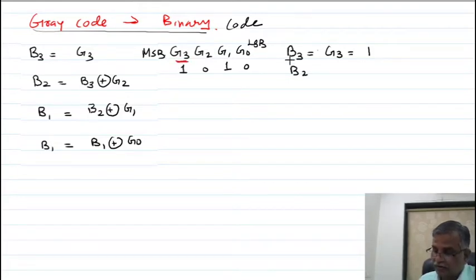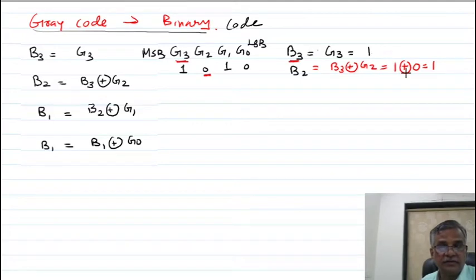For B3 I have written G3 itself. For B2 I would write the exclusive OR function of B3 with G2. What is G2? G2 is 0. What is B3? B3 is 1. So 1 exclusive OR 0, my answer is 1. The reason is both are at different levels.